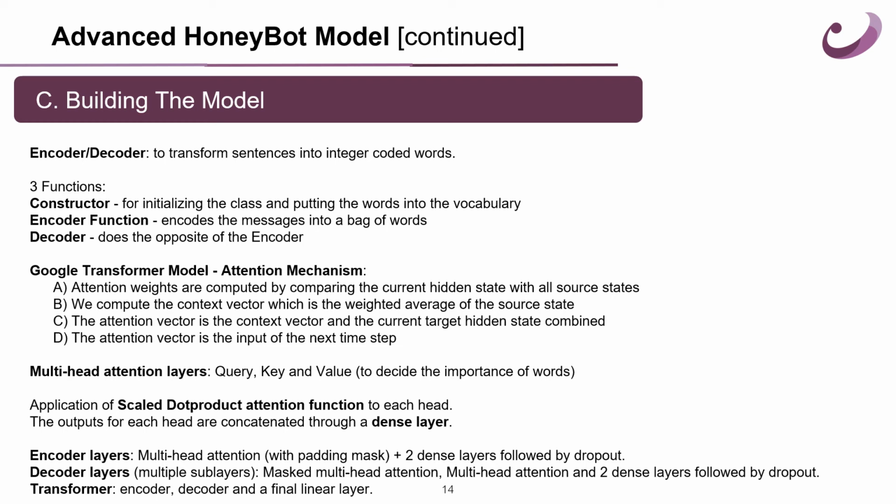The transformer model was introduced by Google in the paper Attention Is All You Need. It's a model that uses the attention mechanism, allowing the decoder to pay attention to the different parts of the input sequence and not to the sequence as a whole. The model learns how to generate a context vector for each output.